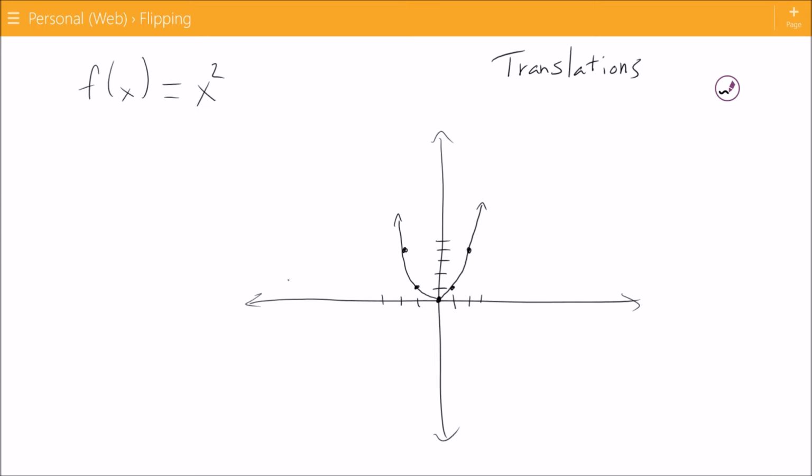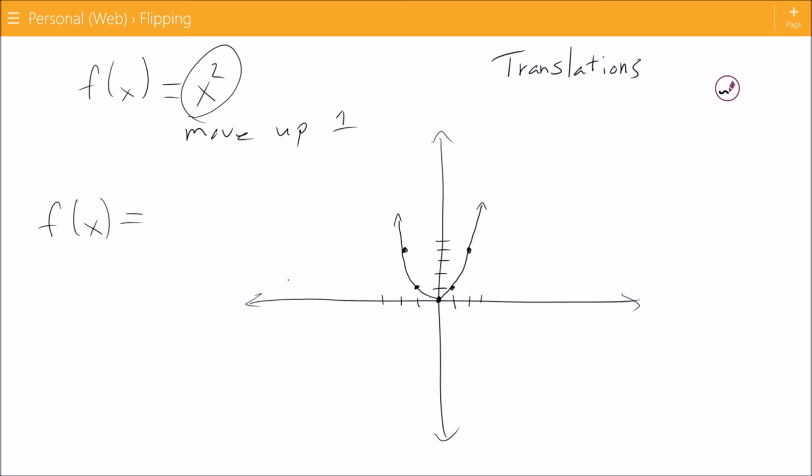I've got the equation here, the function f of x equals x squared. And I've graphed that out here a little bit crudely, but it works. If I want to move this up by 1, all I need to do is take my function, the original function that I've got here.